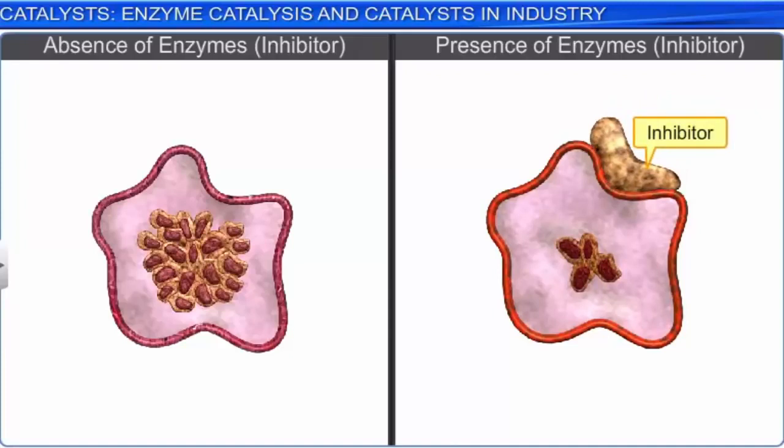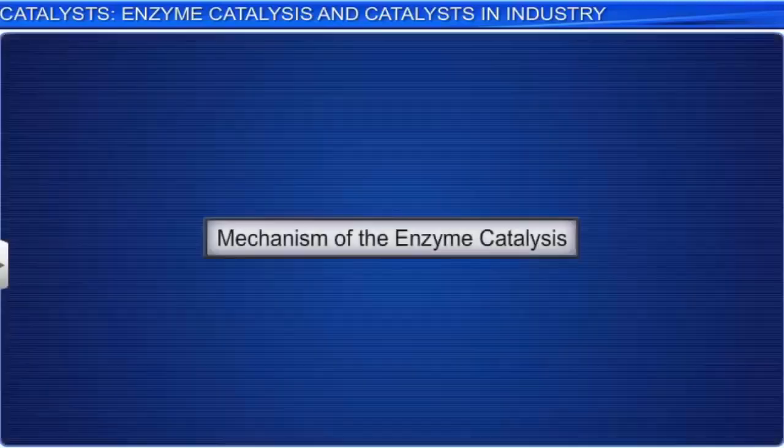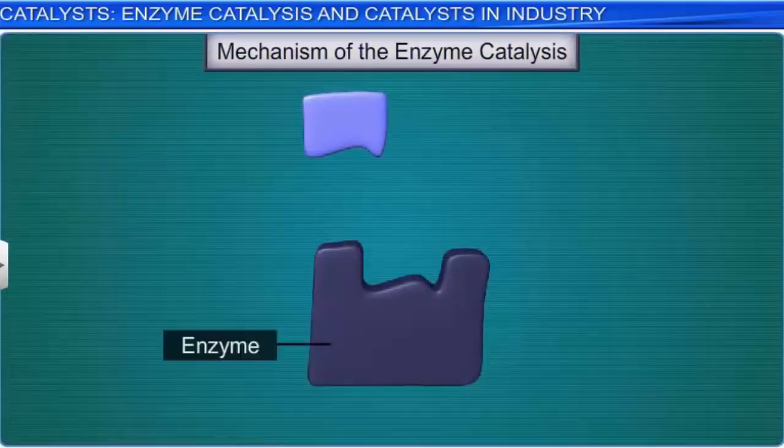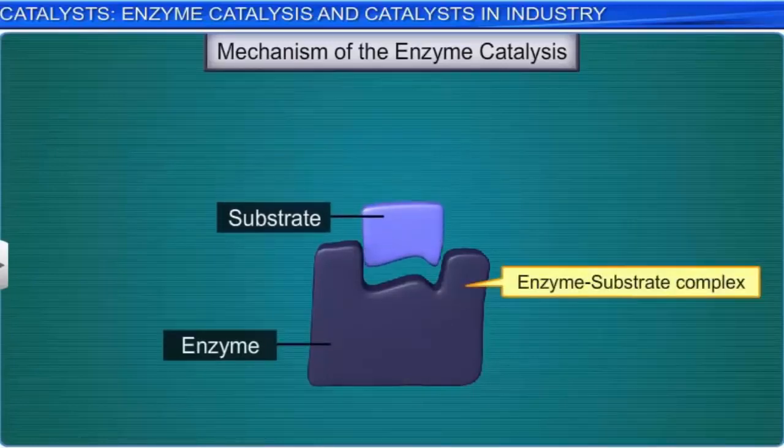Let us now understand the mechanism of enzyme catalysis. The catalytic activity of enzymes involves the binding of their substrates to form an enzyme-substrate complex. The substrate binds to a specific region of the enzyme called the active site.